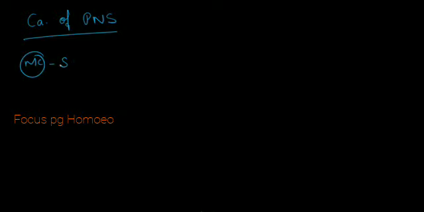Moving on, it is regarding the carcinoma of paranasal sinuses. Here are only a few MCQ points related to it. The most common type of carcinoma is squamous cell carcinoma, and the most common carcinoma arises from the maxillary sinus.